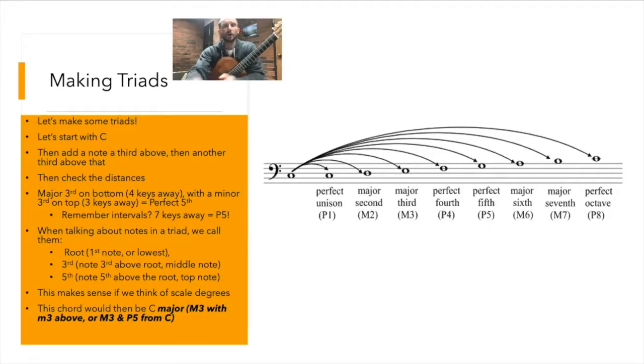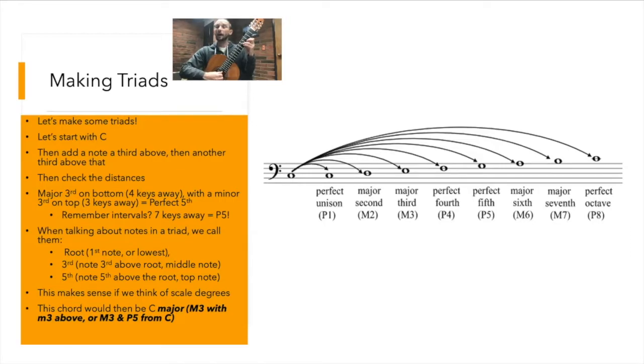A major chord is always a major third on the bottom, C, D, E, or 1, 2, 3, 4 frets away, and then a minor third on top, which is 1, 2, 3 frets away. So you have major third, minor third.